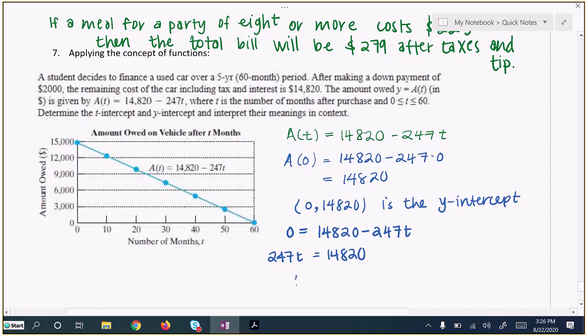So t is equal to 14,820 divided by 247. And that turns out to be 60. So that tells us that (60, 0) is the t-intercept.